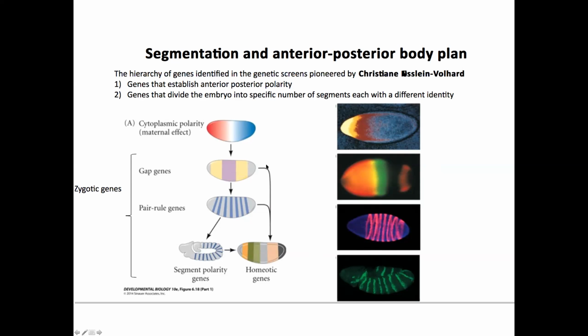So setting up of the gap genes and setting up of the pair rule genes, they are all transcription factors, all of them. Now, post this, the establishment of segment polarity leading to the activation of the homeotic genes requires signaling factors.